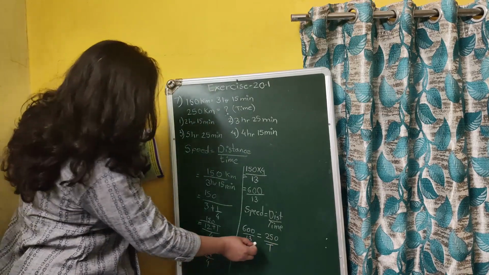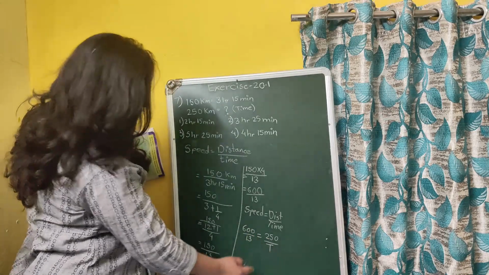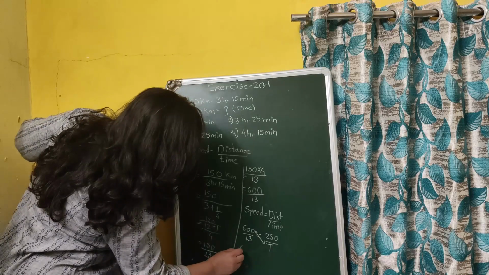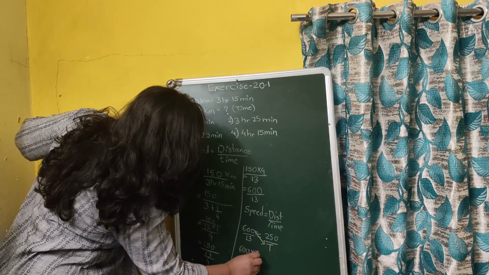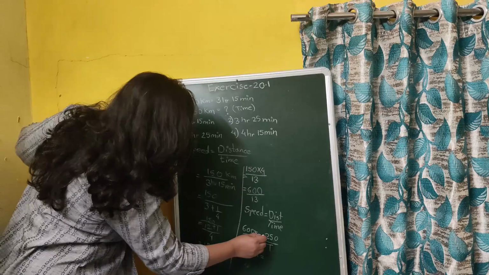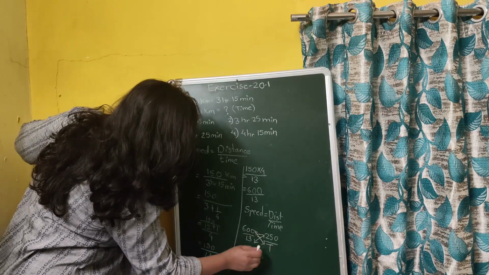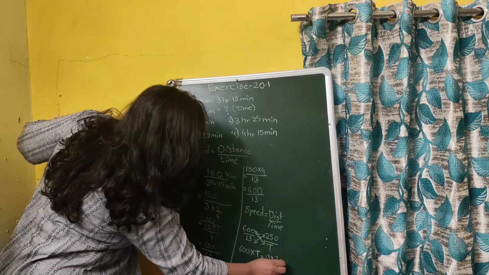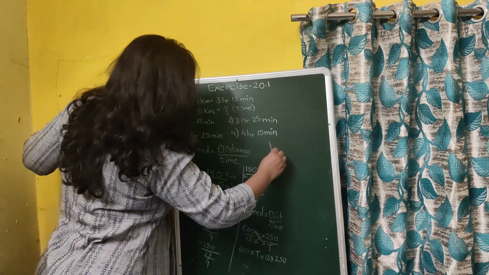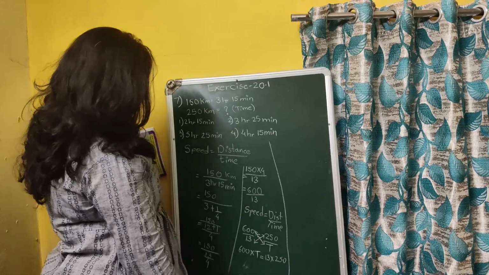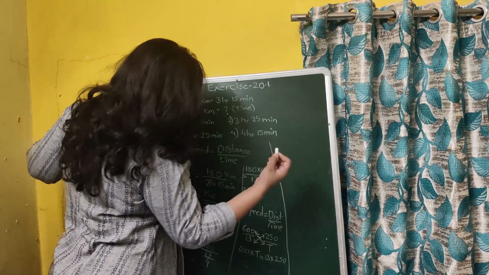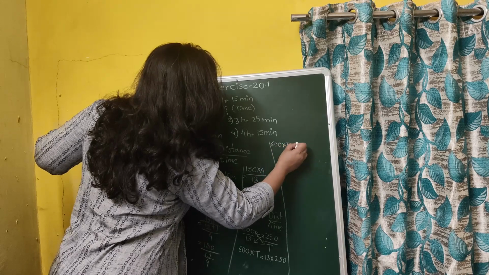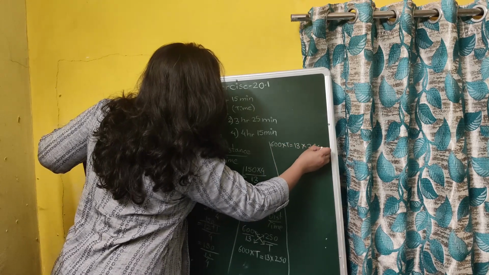Now what we can do is cross multiply. 600 multiplied by t is equal to 13 multiplied by 250, that is cross multiplication. Now I will again write it here: 600 into t is equal to 13 into 250.